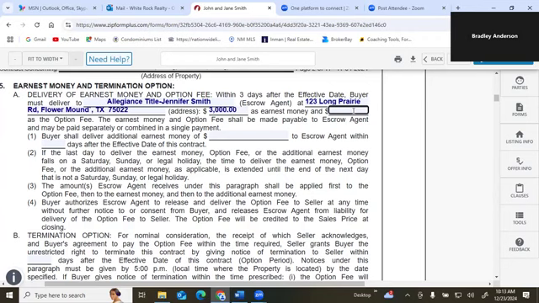And what is that? Well, an option fee is the amount of money that is always non-refundable as a minimal amount to say, hey, I want X amount of days to think about whether or not I really want to buy this home. And in that time, you're going to do inspections and other things that would seal the deal. Okay.